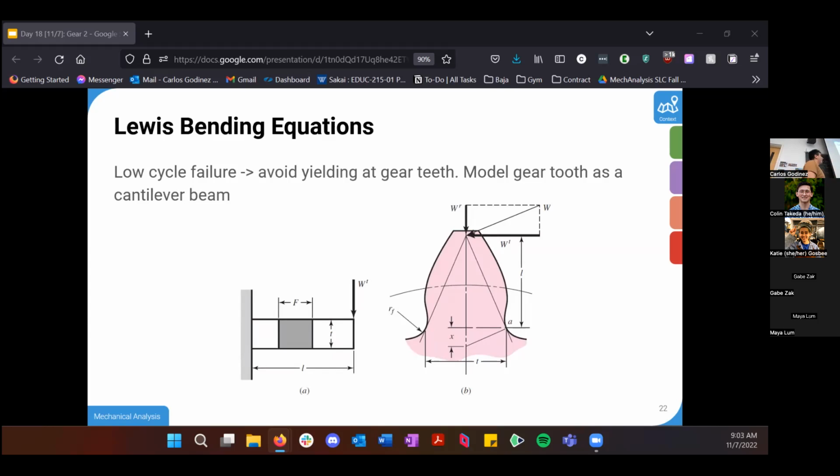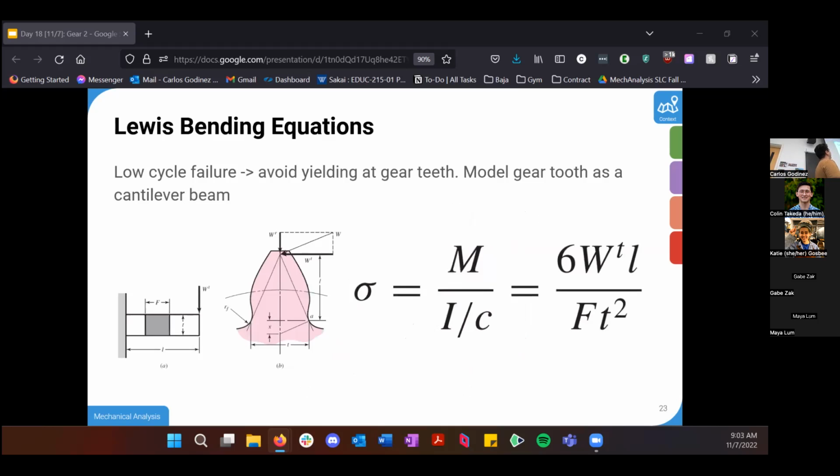So for modeling the gear tooth as a cantilever beam, you remember all of those tables I showed you guys earlier when we were going over superposition and other analytical tools?